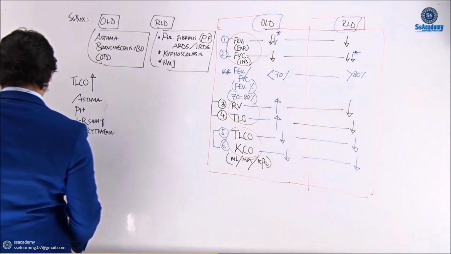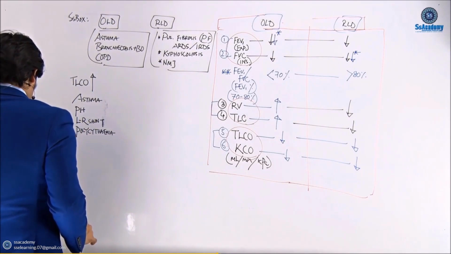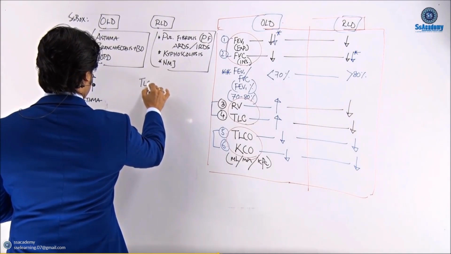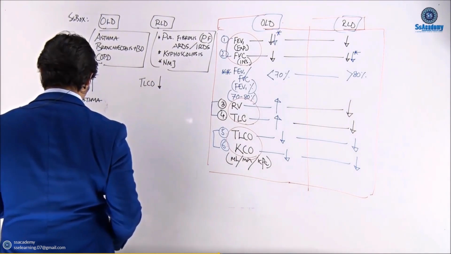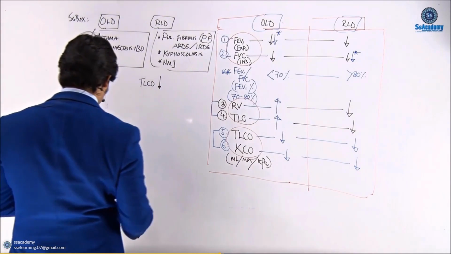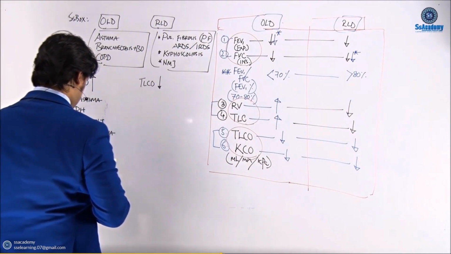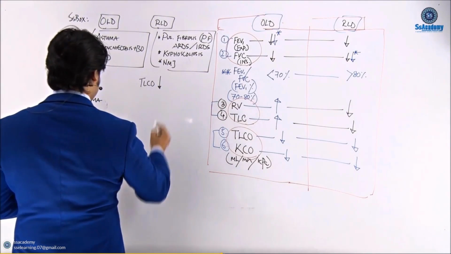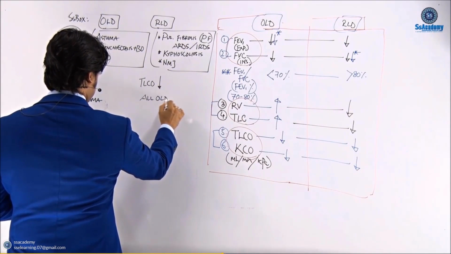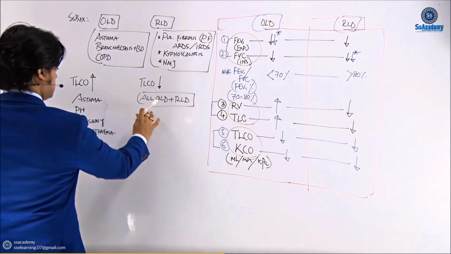All right. And the test that is TLCO reduced, causes are, of course, all the disease, means all OLD and RLD, no doubt, all OLD plus RLD, we already talked.